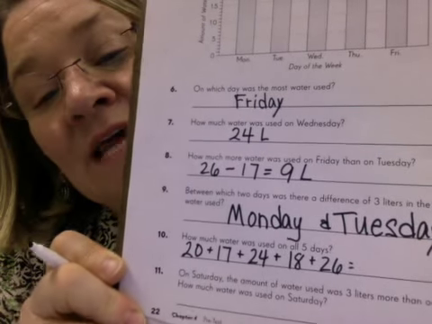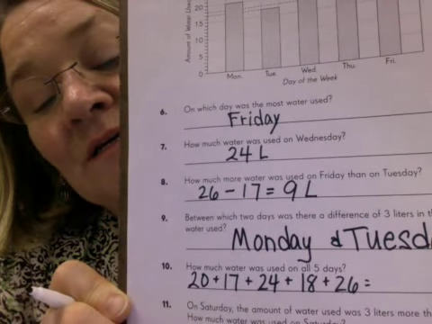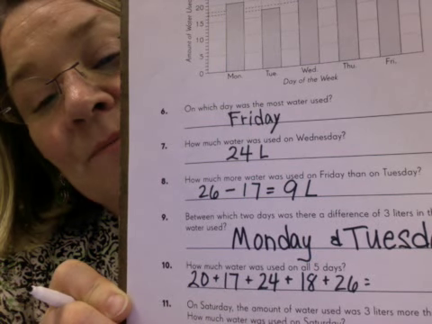Wednesday is 24 liters. Thursday is 18 liters. And Friday is 26. There we go. There are our 5 days with their totals, and we need to add those up.